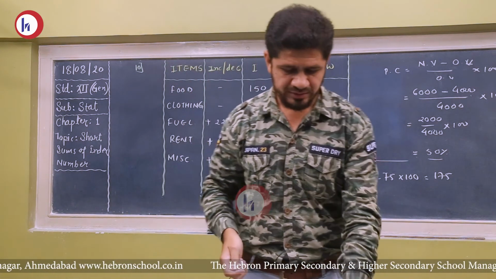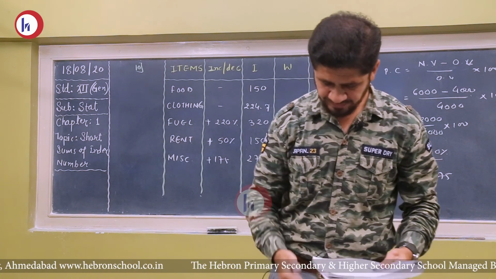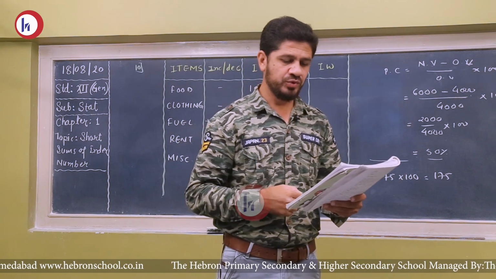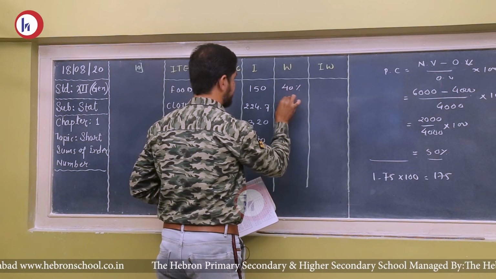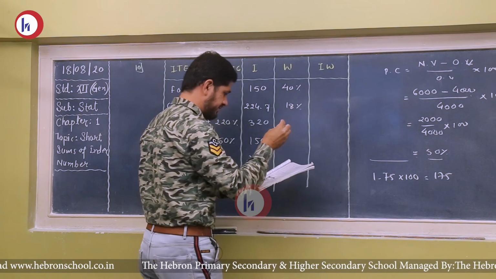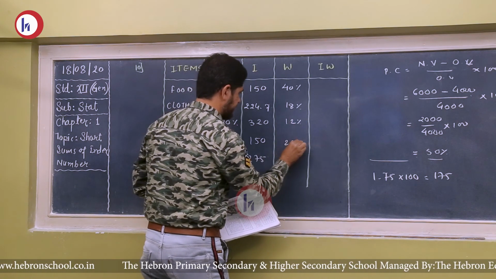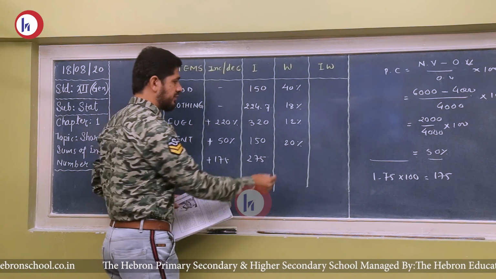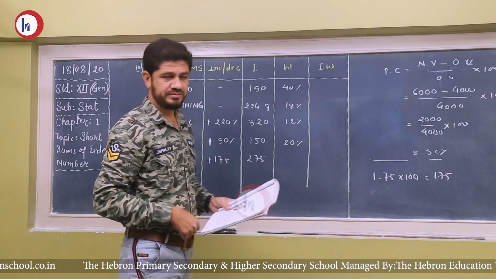Now let's come to the importance, that is weight. If the expenditure for the first four groups are 40%, 18%, 12% and 20%, you can see that the weight or importance of miscellaneous is not given.